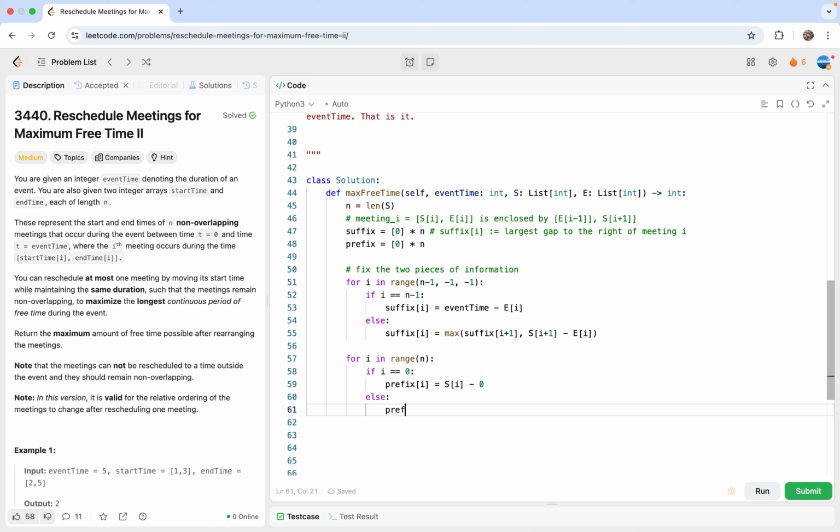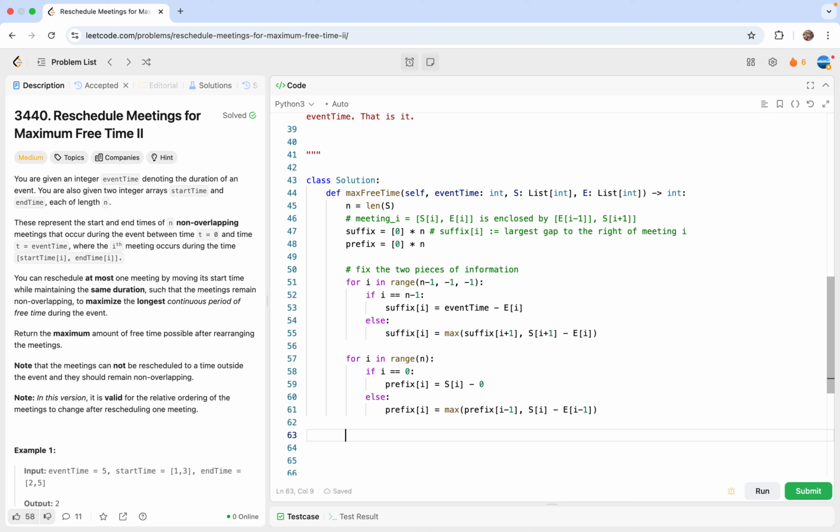Otherwise, prefix i will be the max of prefix i minus 1. It's legitimate to write i minus 1 because now i is greater than or equal to 1. And then what's the current duration we can get? This is the start time of the current meeting minus the previous ending time. So again, writing i minus 1 is legitimate.